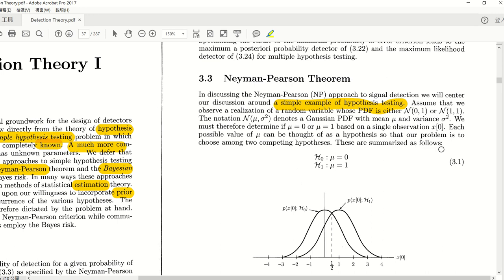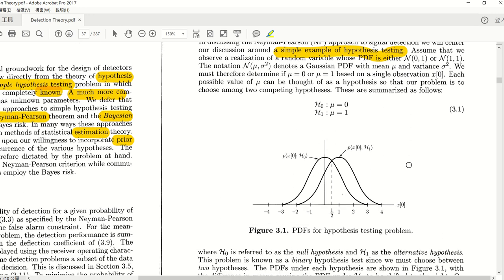They are summarized as follows. So that hypothesis testing problem is summarized this way. Given H0, mu is equal to 0. If it's hypothesis 1, mu is equal to 1.